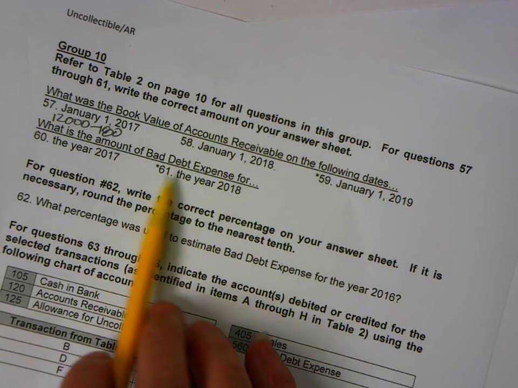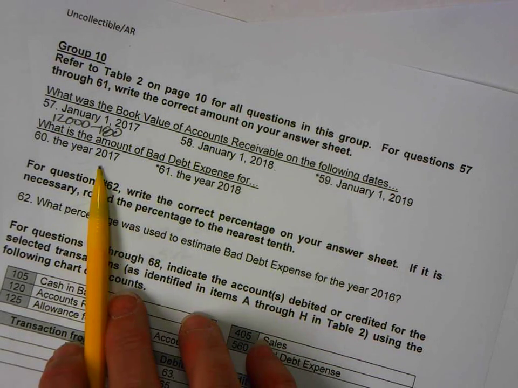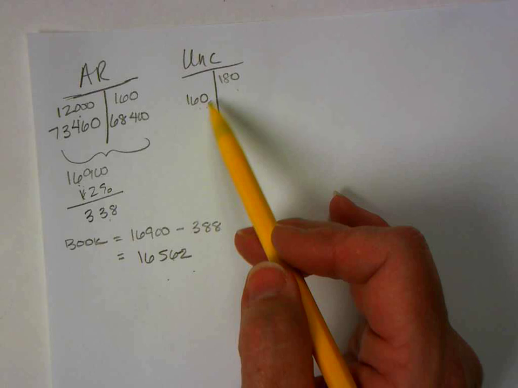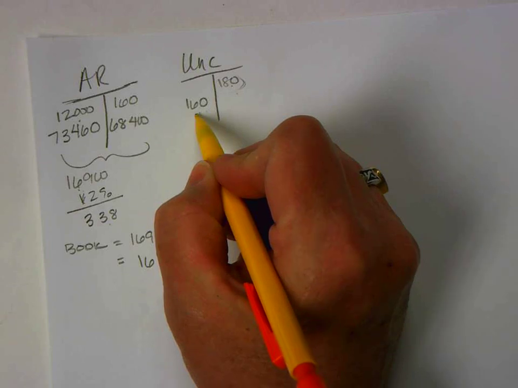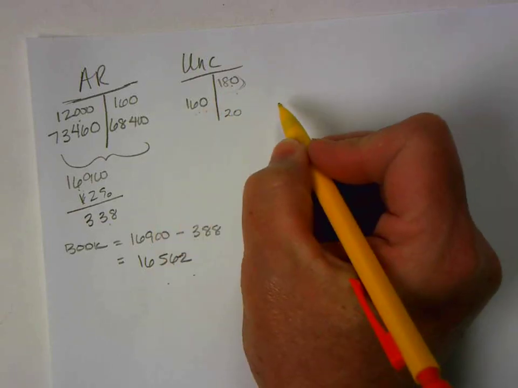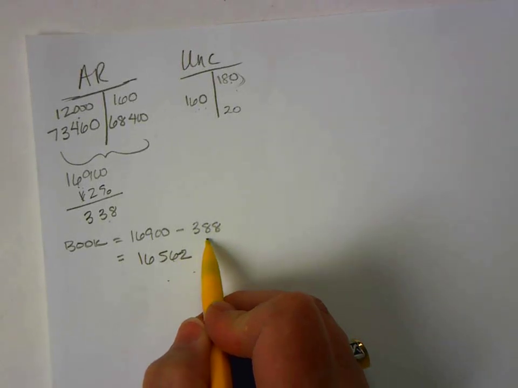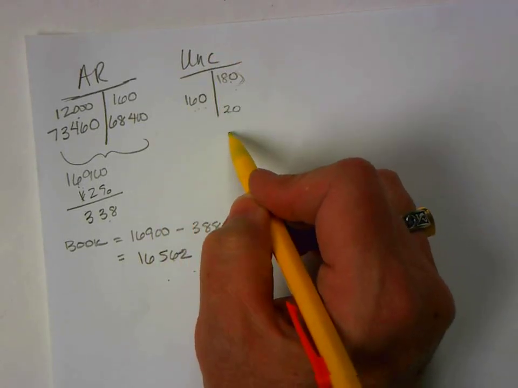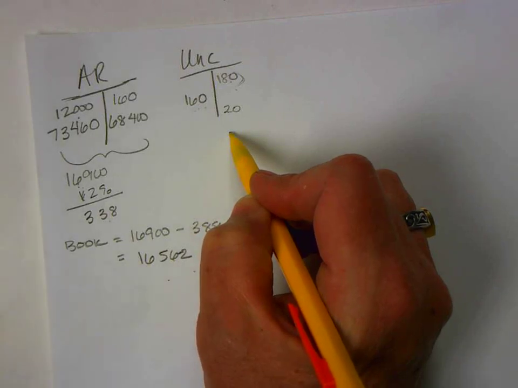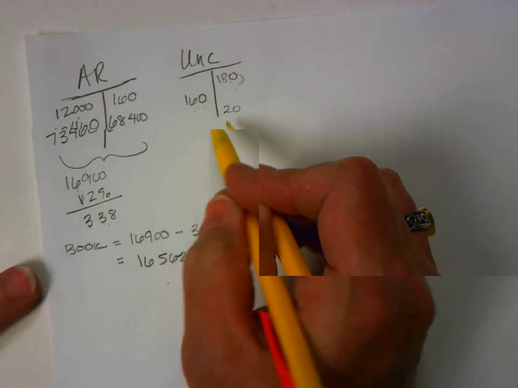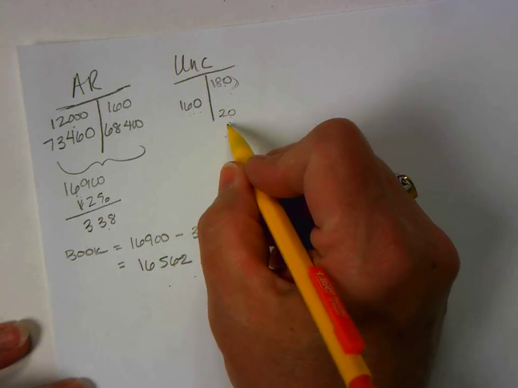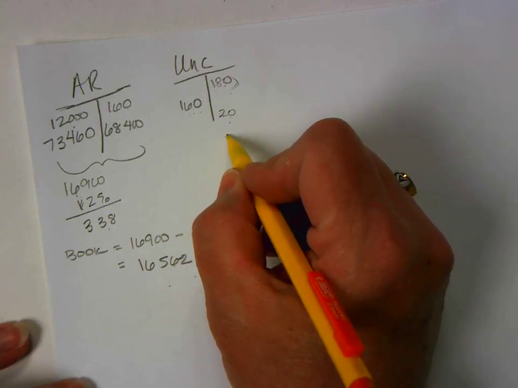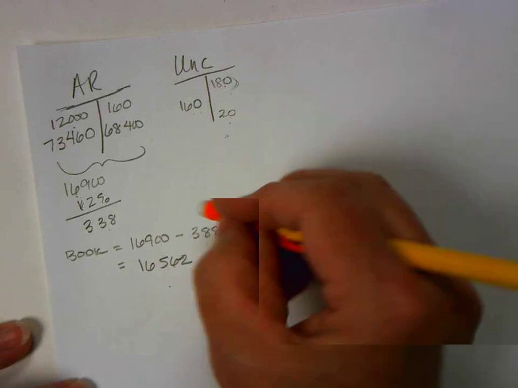Okay. Now it's also going to ask for the bad debt expense for 2017. Okay. So if we look over here, what we had is we had 180 and we used 160 of it. So we have this balance of 20. But what we're saying here is that we want this new balance to be 338. So the actual amount that we're having to expense to get to that is, oh, that's why, because I wrote 330.